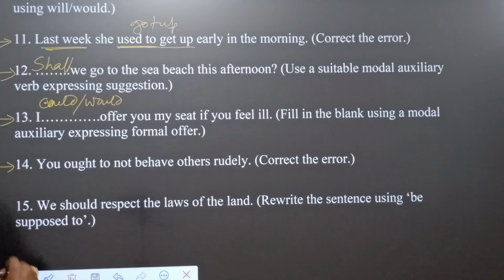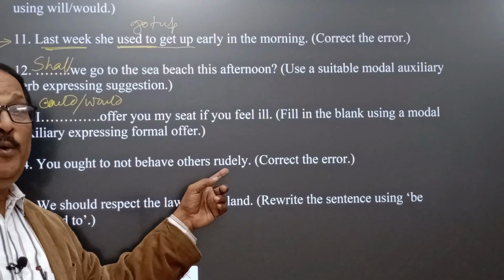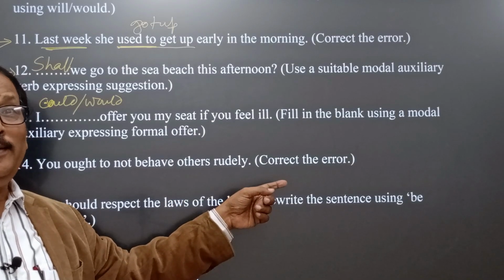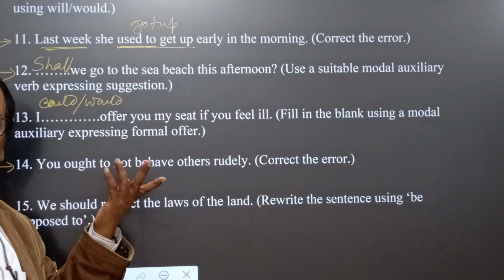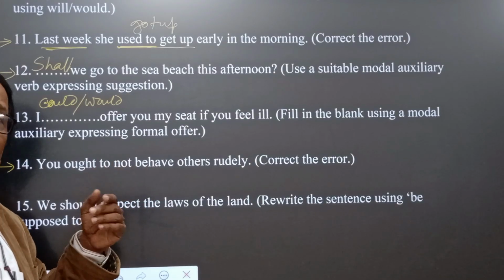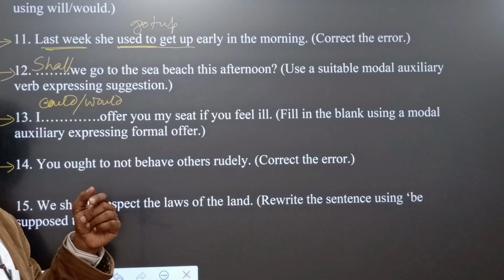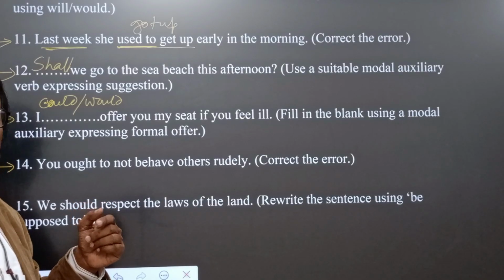Question number 14. You ought to not behave others rudely. The instruction here is correct the error. Remember, ought to is a modal auxiliary verb, and whenever we use it in negative sense, then definitely not is used in between ought and to.